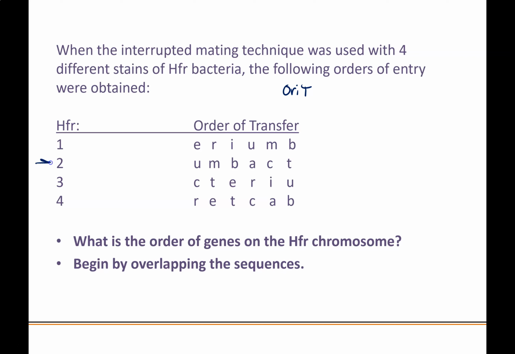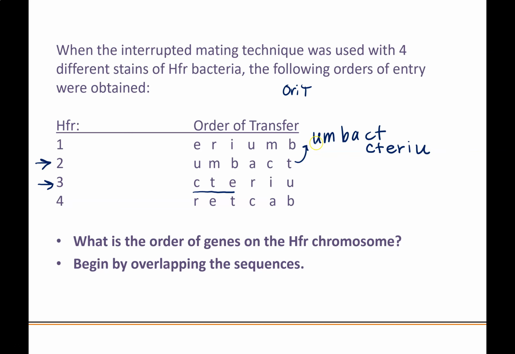So I am going to start with number 2. It actually doesn't matter, but you'll see why I'm going to start with number 2 in just a minute. And I'm going to rewrite this, and we are using this information, the sequence information, to determine order. So now I'm just going to determine where things overlap. So if I look at strain 3, I see we've got some overlap here.